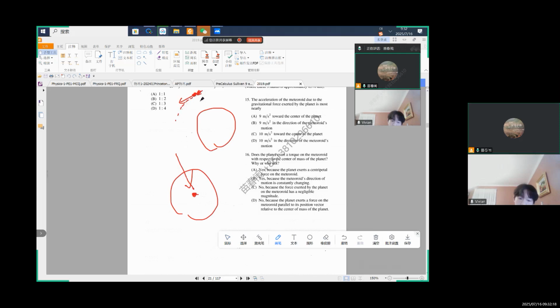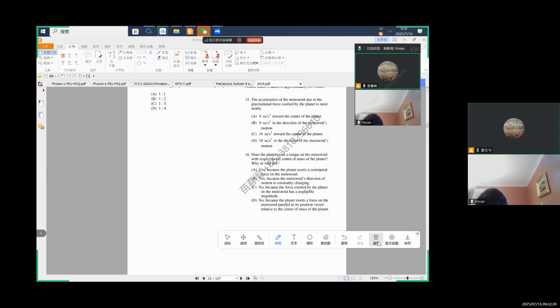So the R perpendicular is this, and F times R perpendicular would be the torque. So that force, but not the force of gravity, right?